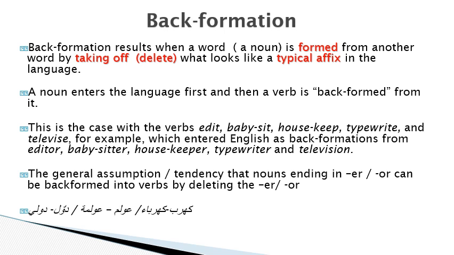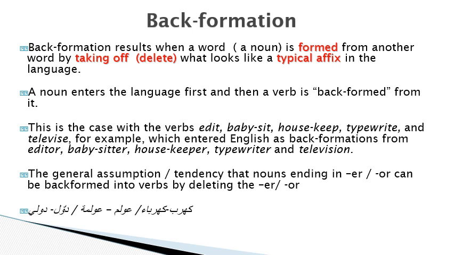So a noun enters the language first, and then a verb derived from the noun. If the noun ending in er, ar, or is related to the person who is doing the job, we delete the er, or, ar, and we have a verb. This process is called back formation.